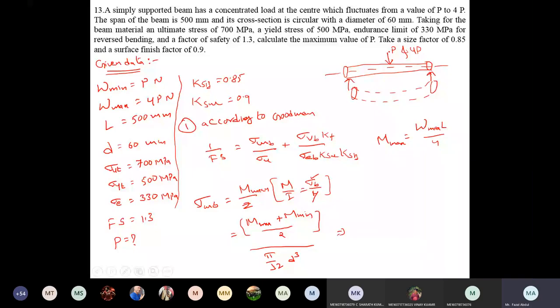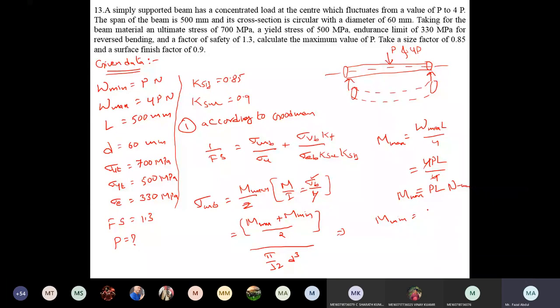You already studied this in strength of materials. The maximum load is 4P, so 4P into L by 4, and the maximum bending moment is PL Newton mm.